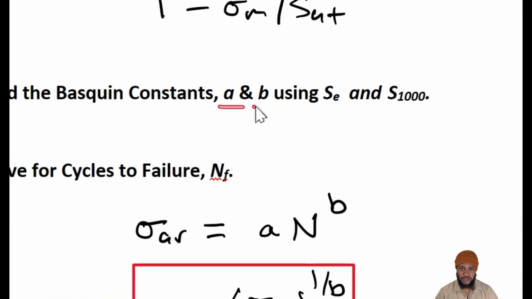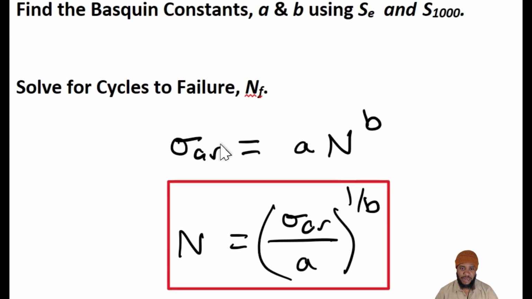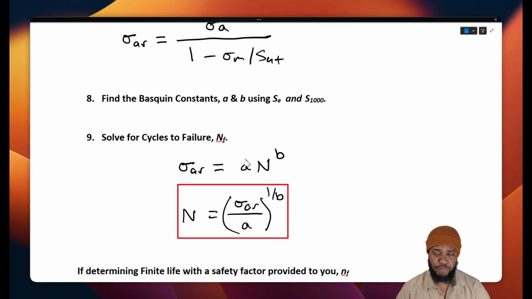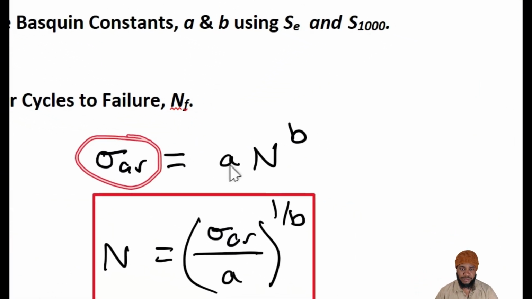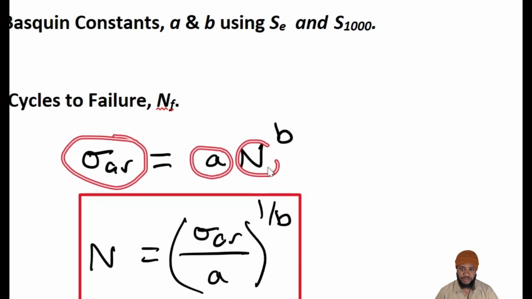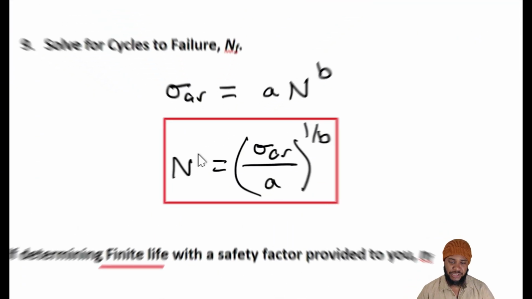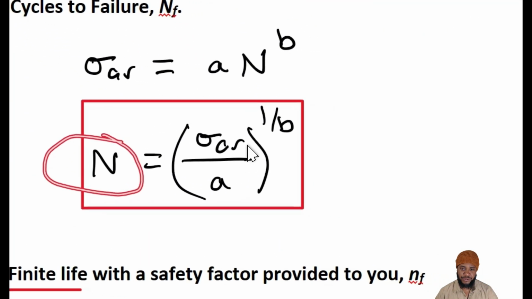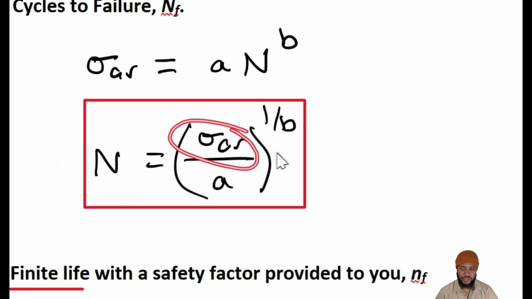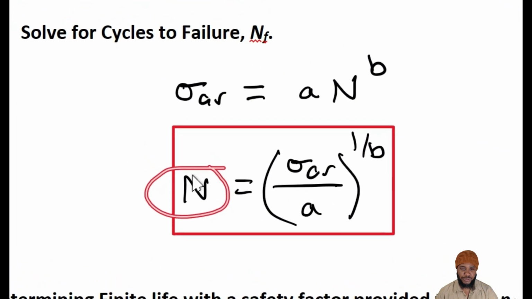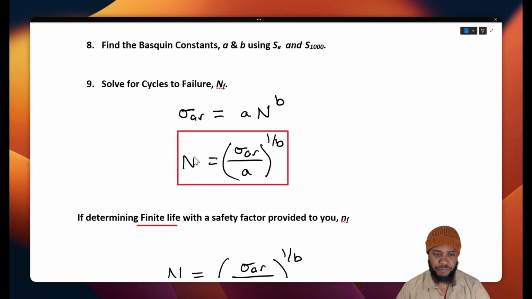So now with all of our constants for Basquin's equation and having an equivalent fully reversed stress, we can finally start to solve problems and find the cycles to failure, where the fully reversed equivalent stress is equal to A times N, the cycles to failure, to the power B. We can rearrange this equation and solve for the cycles to failure for our equivalent fully reversed state of stress. And this cycles to failure is equivalent to our case that does have mean stress.